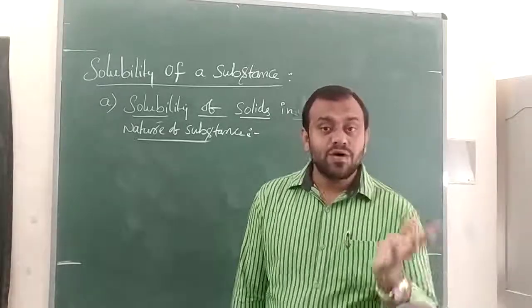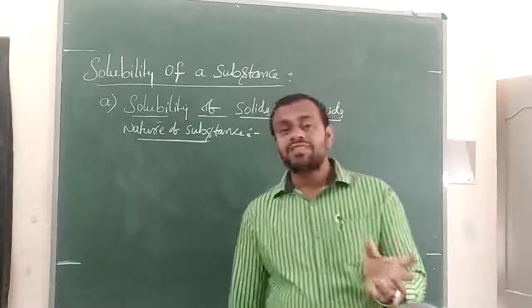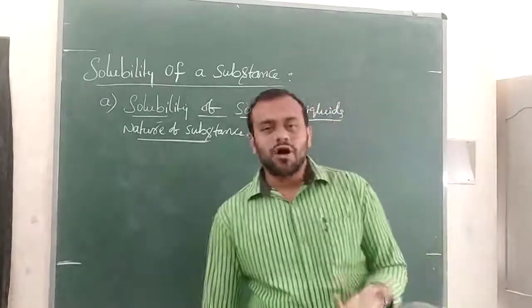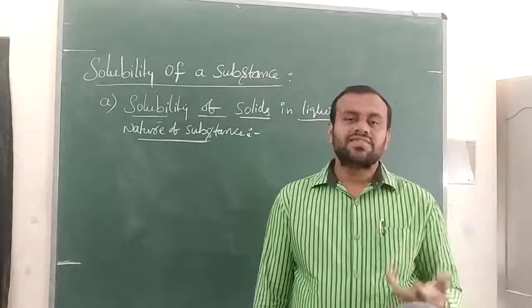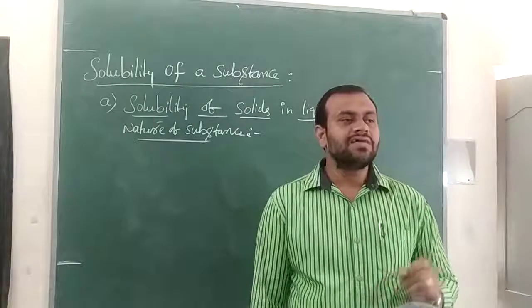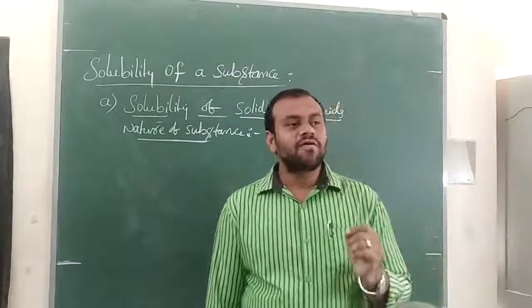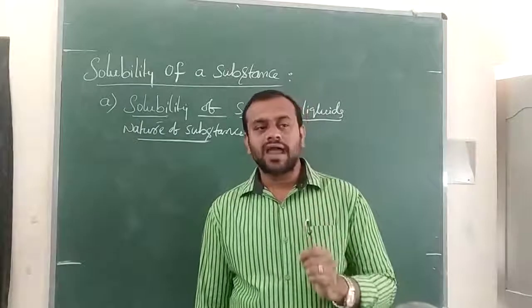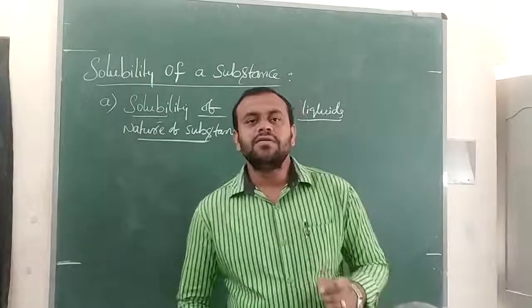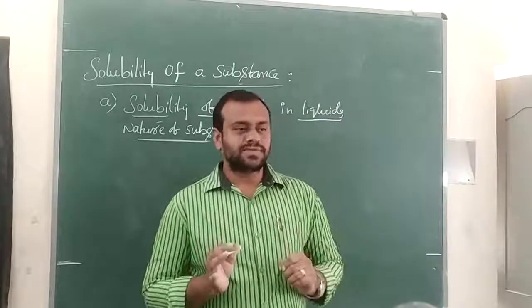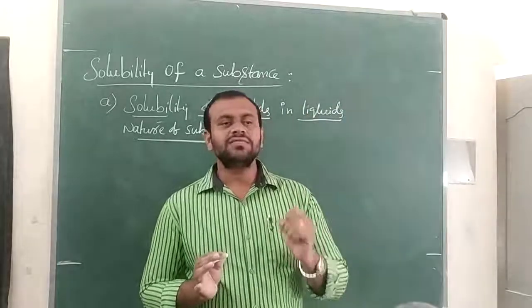If you add polar substances in organic solvents like benzene, toluene, petrol, etc., they won't dissolve in those organic solvents, because the dissolution depends on the nature of the force of attraction. So dissolution depends on the nature of the substance.